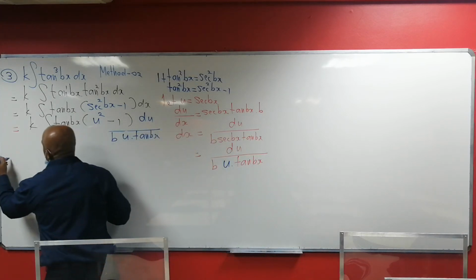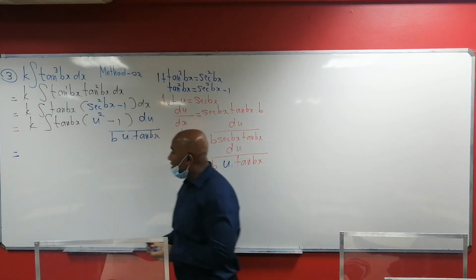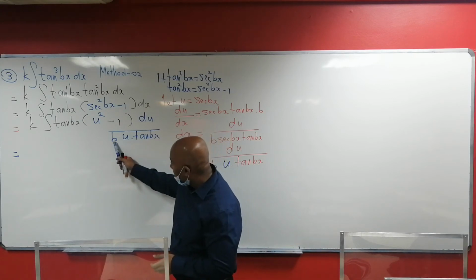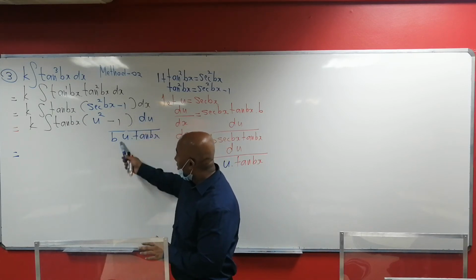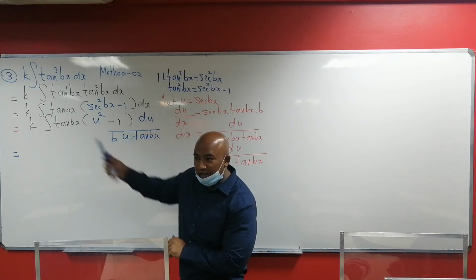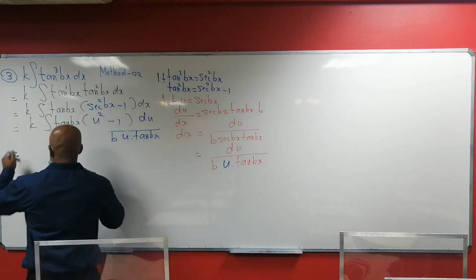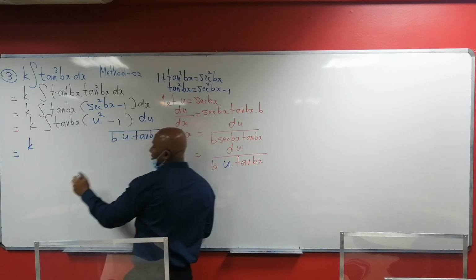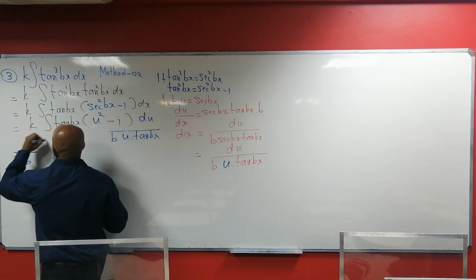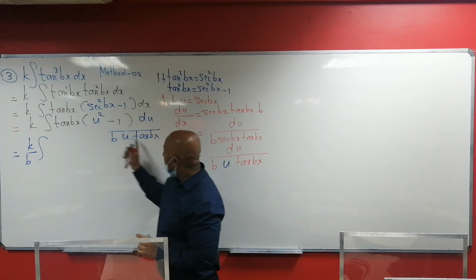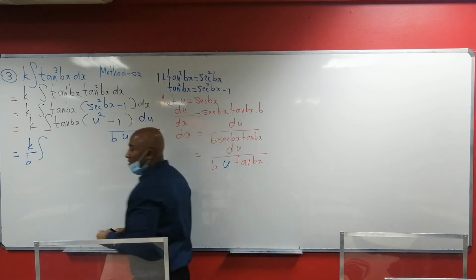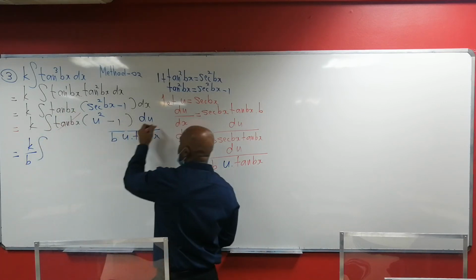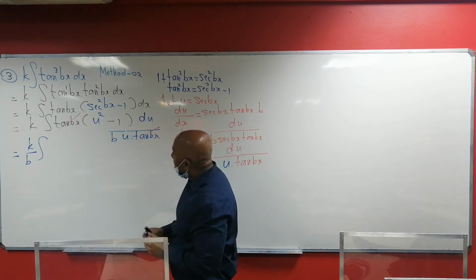So now let's write down what remains. Our constants, well, we got this number here, which is b. It's actually 1 over b. Multiply it by whatever you have in front. So that's k on the top divided by b in the bottom. We can see that tan and tan cancel there. So the derivative there cancelled. What remains now?